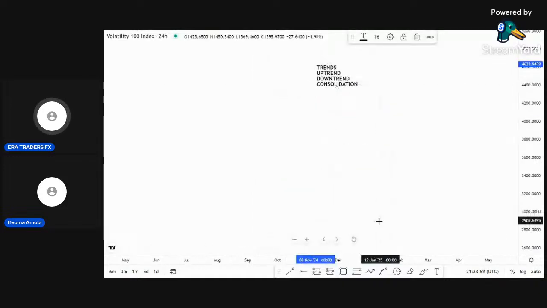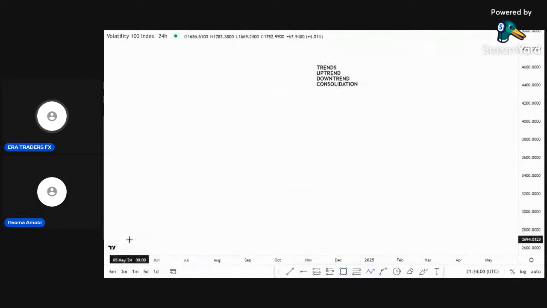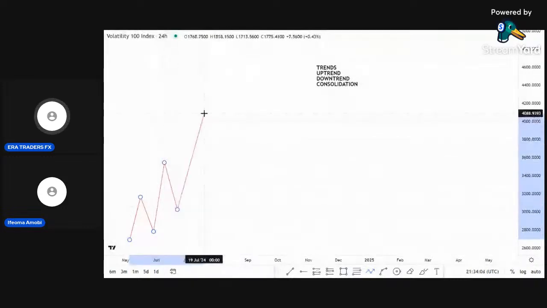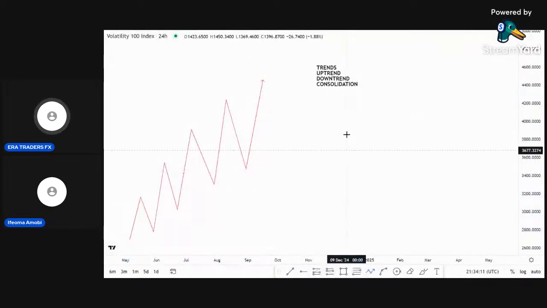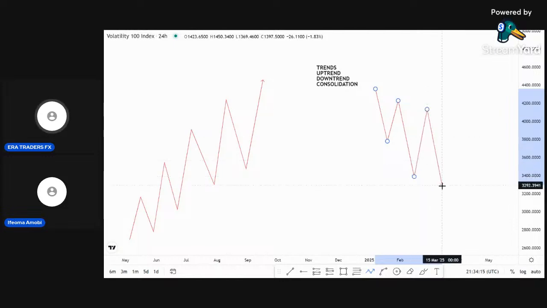So now, what's an uptrend? When the market is printing a series of higher highs: higher high, higher low, higher high, higher low, higher high. Then when the market is on a downtrend, it is printing a series of lower low, lower high, lower low, lower high, lower low, lower high.